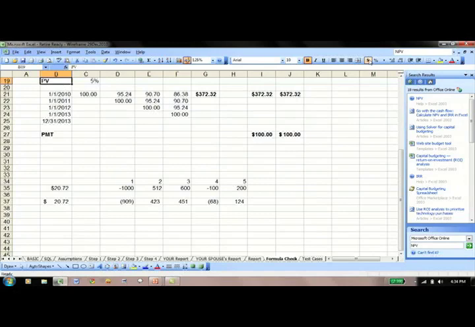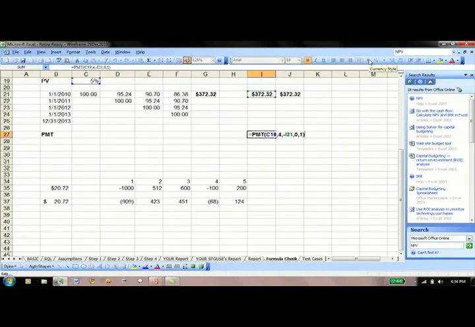Now, one last formula I want to share with you before we leave is the PMT formula, or the payment formula. So if you think of basically a stream of payments, let's just go down to the payment formula.